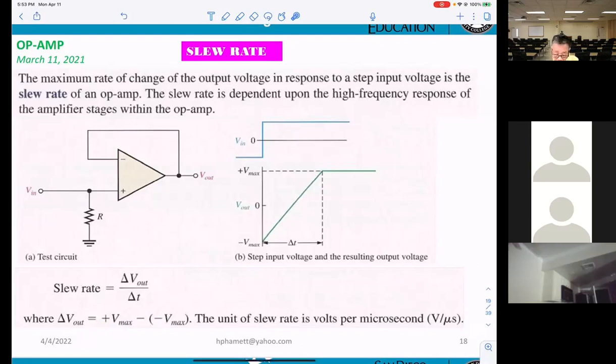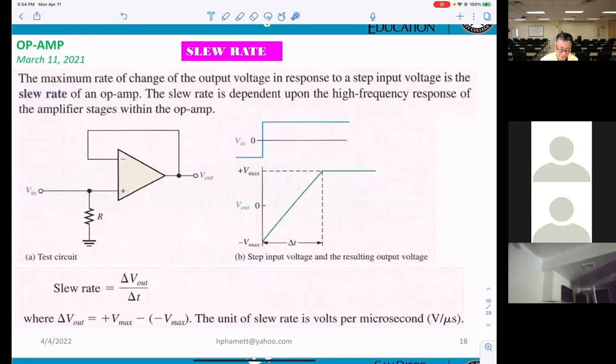That means you take a V maximum and plus another V maximum.